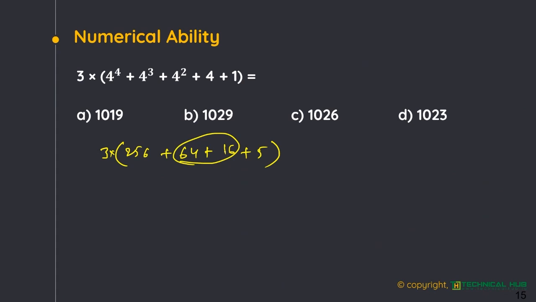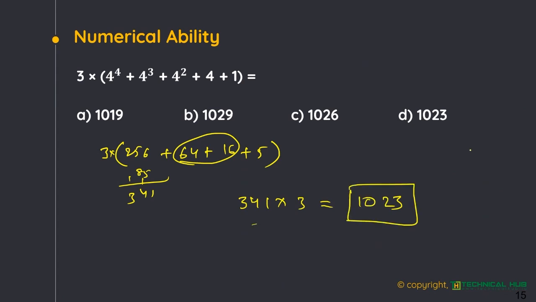This is 1, 9, 14, 3, right? 341 into 3, which is equal to 1023. Product of these two, 1023. Just calculation. 1023. Option D.